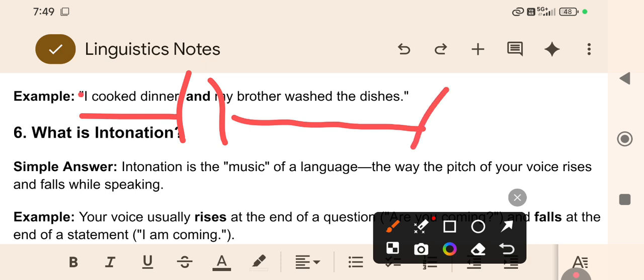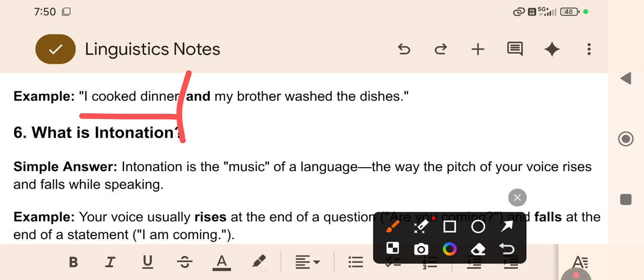If you read this one only, my brother washed the dishes, you read it and you will get, okay, your brother, sorry, your brother washed the dishes. But if you read the first one, that is I cooked dinner, that is also separate. So both the sentences, independent or separate, are joined by the coordinating conjunction.